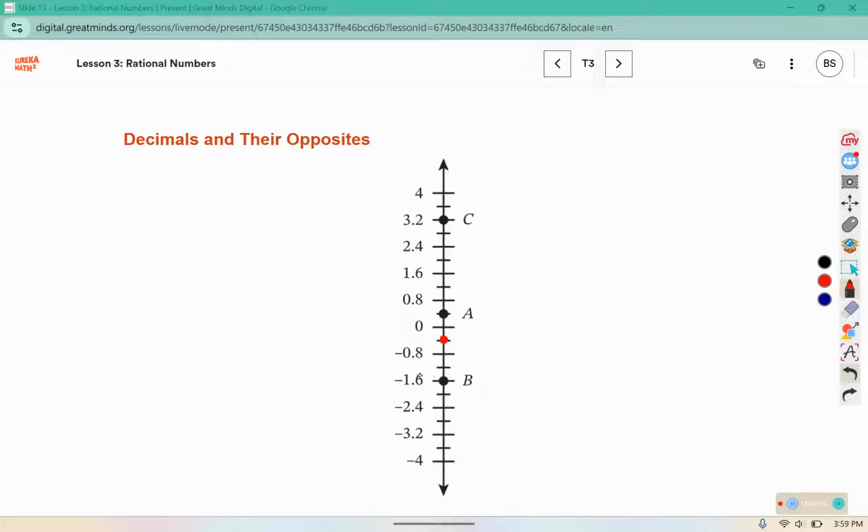The opposite of B, that's 1.6, is up here. C is 3.2, so the opposite of 3.2 is -3.2. So even though we have integers and opposites, there's also decimals with opposites as well.